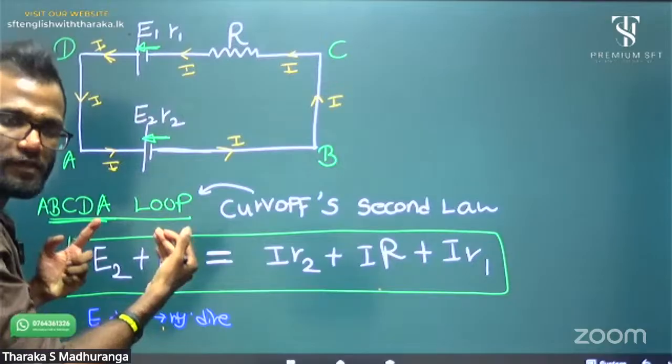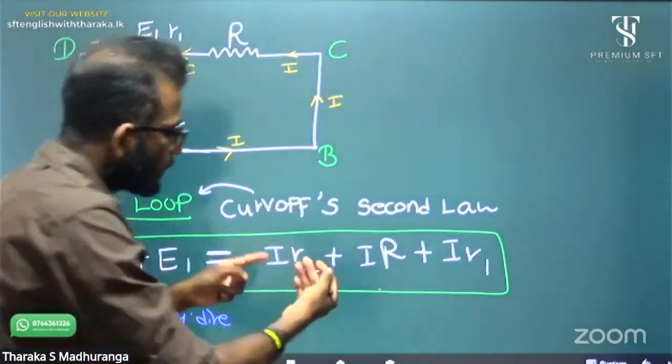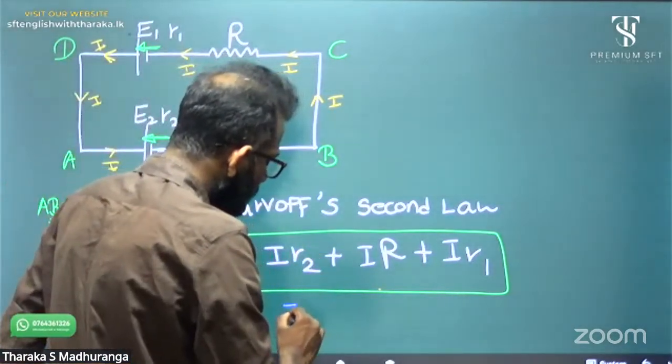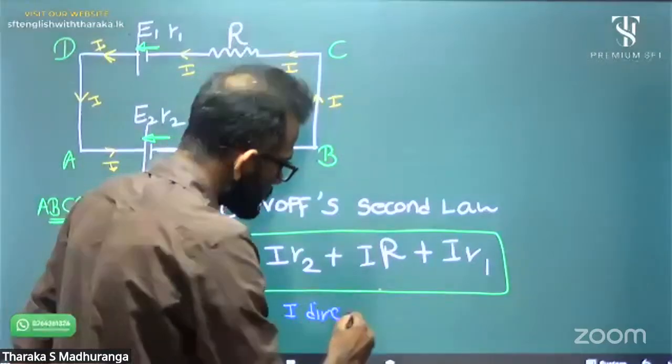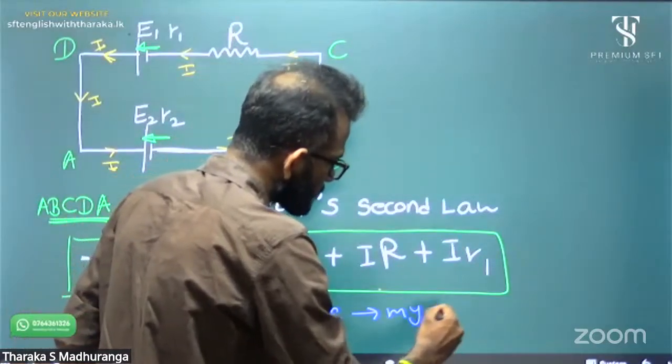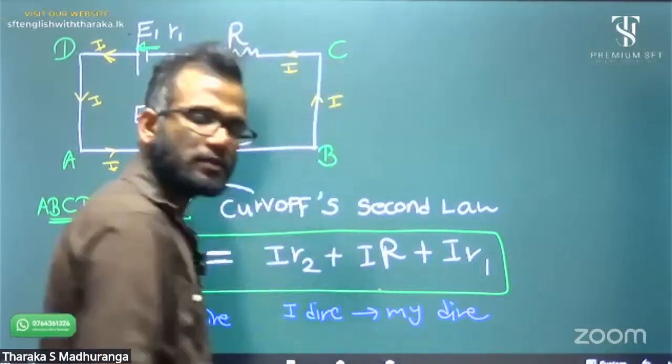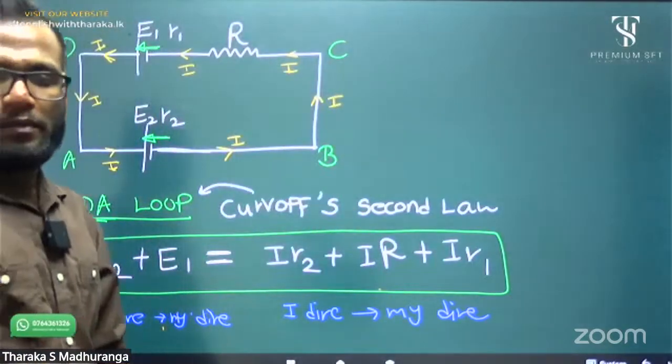If it is opposite, it's negative. In an IR product, we consider the current direction and my direction, the path I am going along. Okay.